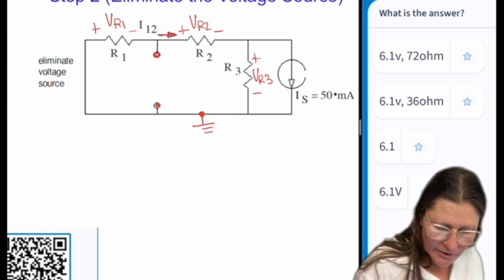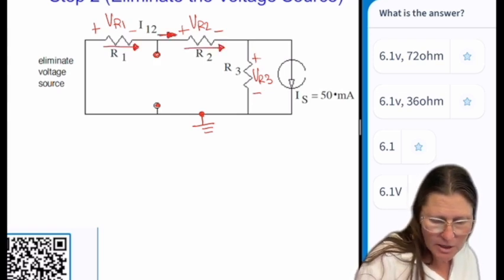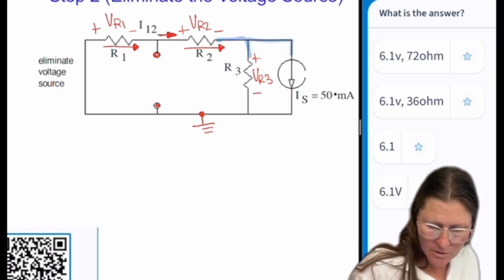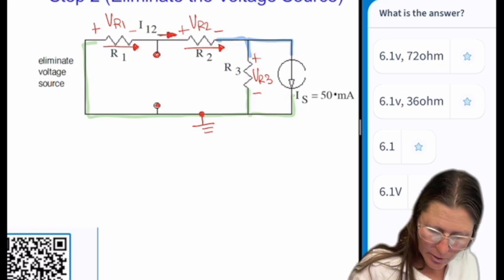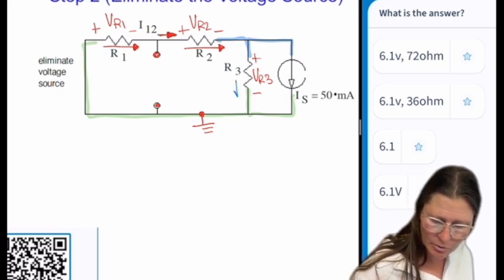So if I label this I12, that's going to be the same current going through both of these, but then I hit a node, and so I then have a different current that's going to go through IR3.